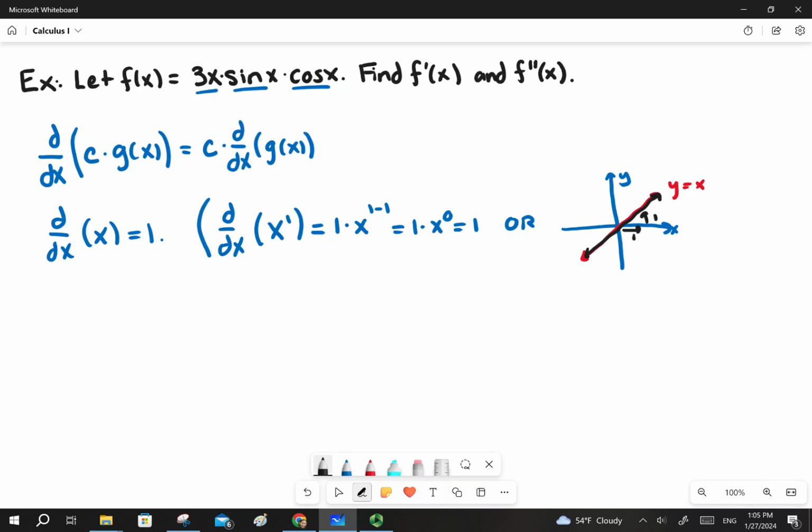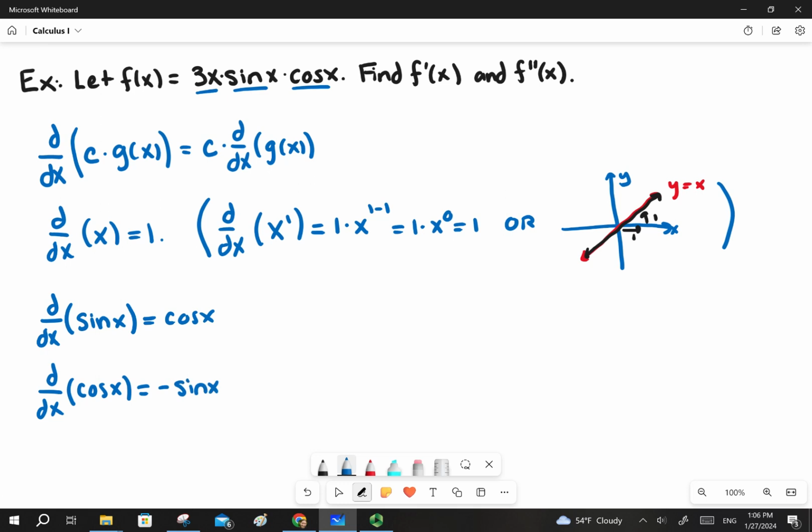So the derivative of x with respect to x is 1. And then finally we have two trig functions. The derivative of sine of x with respect to x is cosine of x, and the derivative of cosine of x with respect to x is negative sine of x.